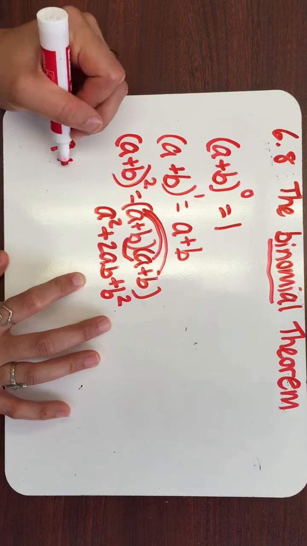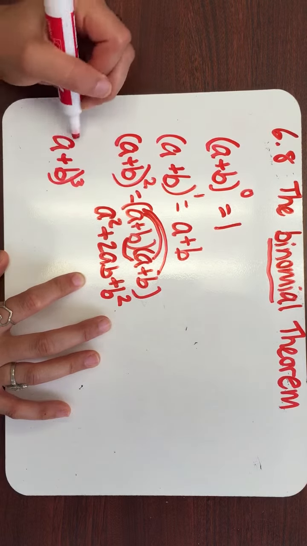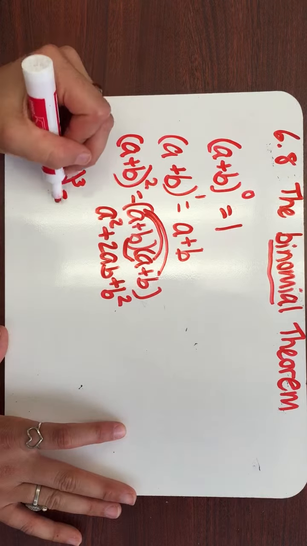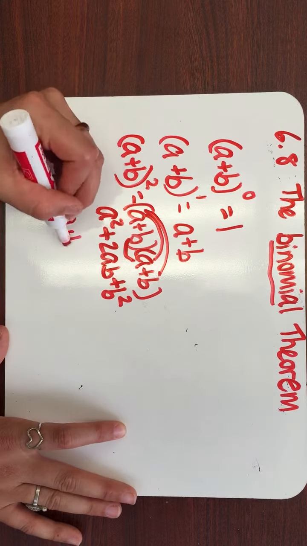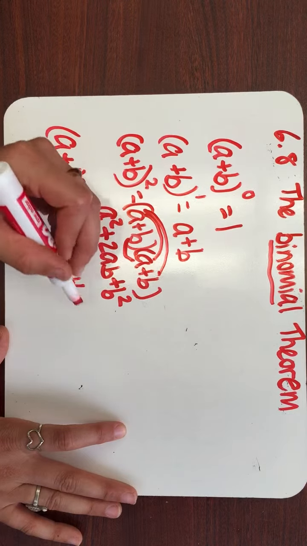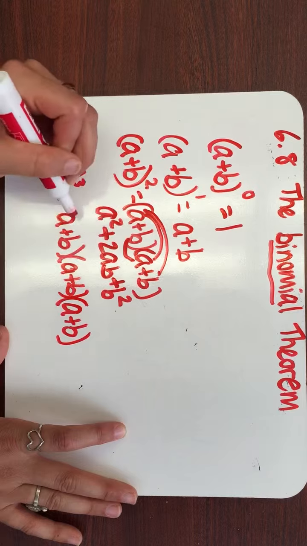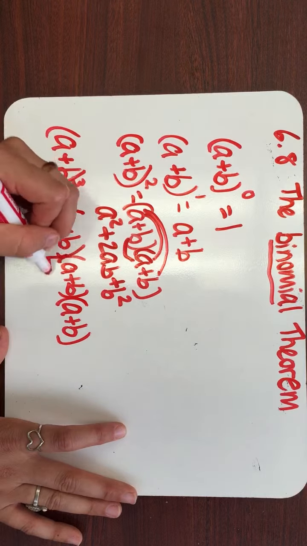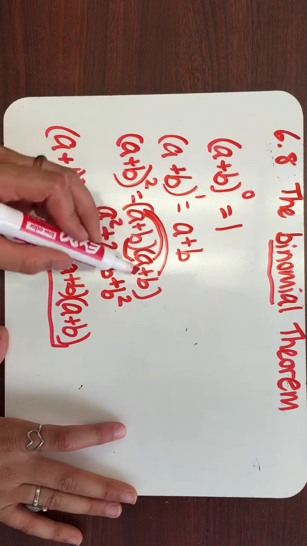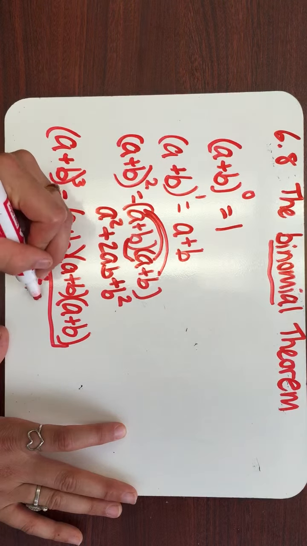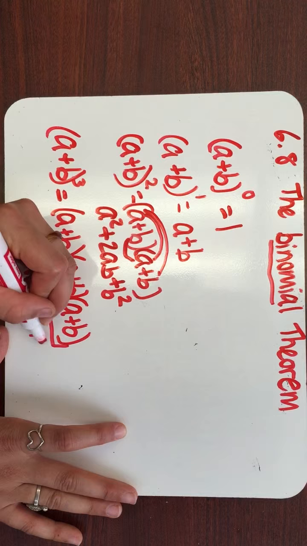And let's also do a plus b to the third. So this is when it starts to get a little long to multiply all of this out. So this will be a plus b times a plus b times a plus b, because there's 3 of them. So we already know that a plus b times a plus b, we did that right here, is a squared plus 2ab plus b squared.